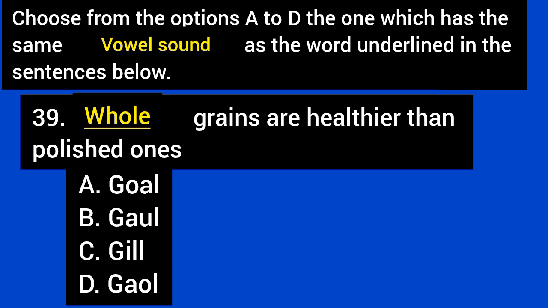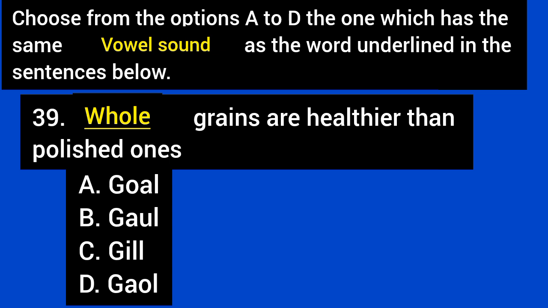Whole grains are healthier than polished ones. The question again, whole grains are healthier than polished ones. Now we have A, which is goal, B, goal, C, gill, and D, jail.